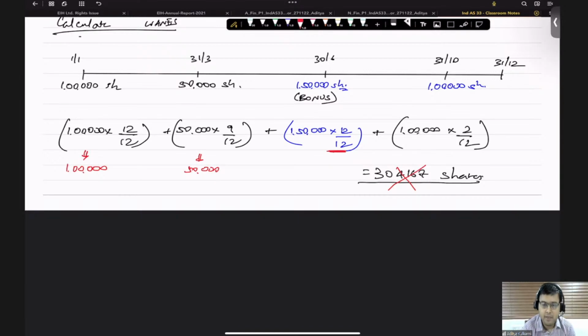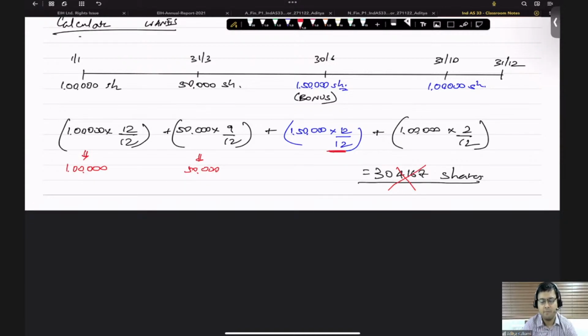You cannot take it, because you have a right on that bonus only when the corresponding shares are already in the capital structure. Out of 1,50,000, 1 lakh only was there right from the beginning. 50,000 came into existence only on 31st March.